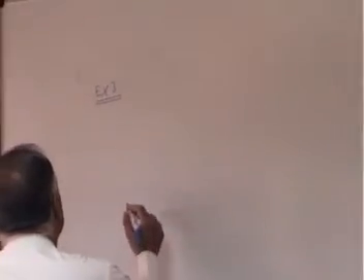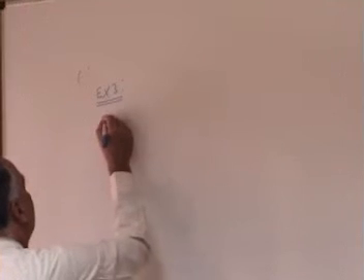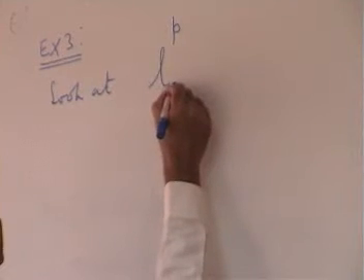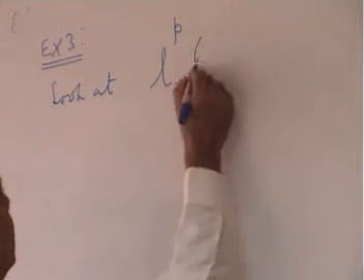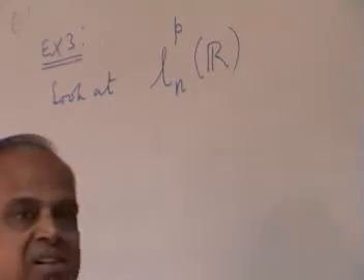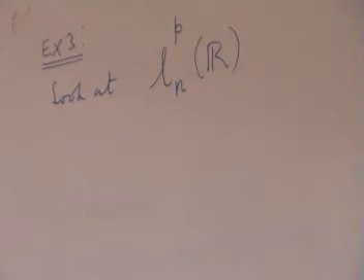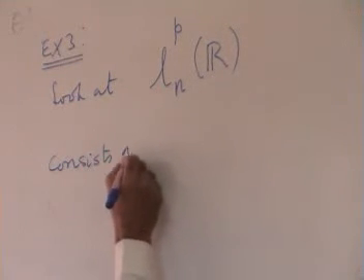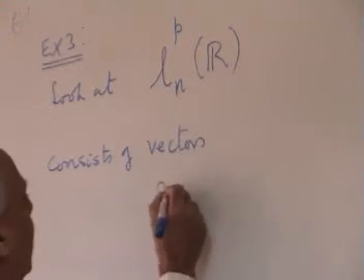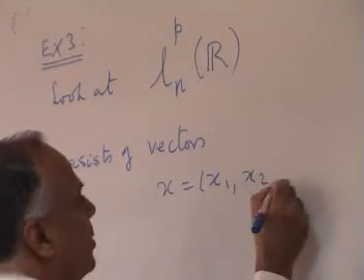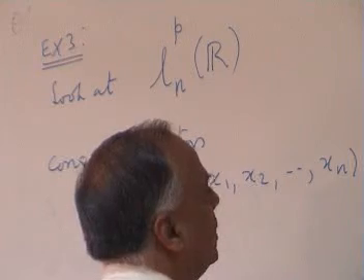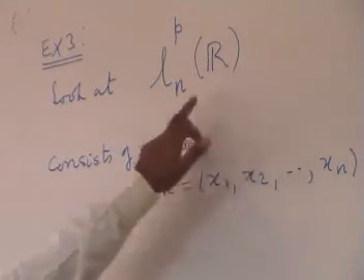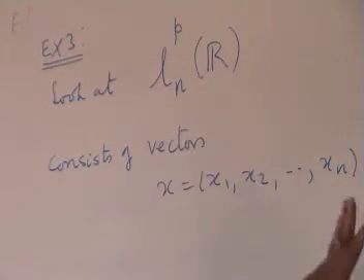So in general, suppose we look at L_p^n(R). What does this mean? This means, first of all, it consists of vectors x is equal to x1, x2, ..., xn, n component vectors with each component belonging to R. So this n and the R says I have n components and all the components are real numbers.